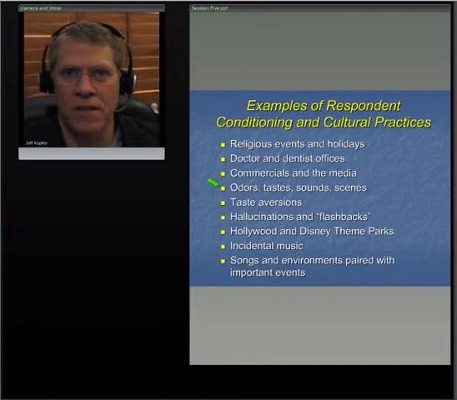If they're walking along and they just randomly see a wire coming out of a wall, it immediately triggers all kinds of autonomic, sympathetic nervous system responses. It's very interesting that these are the things that come into play, all through respondent conditioning.